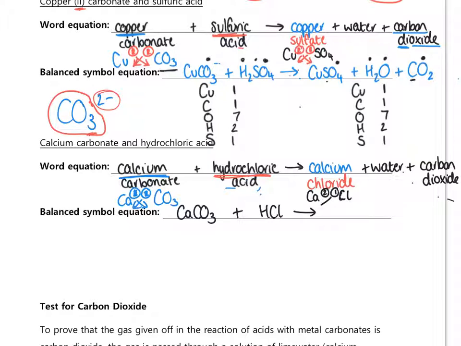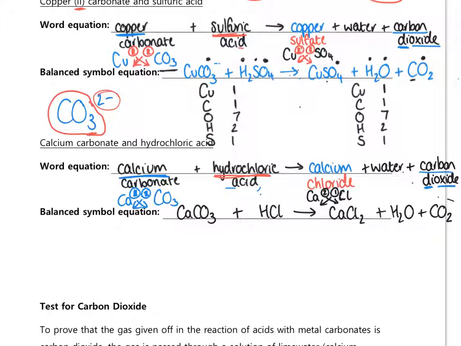When I swap and drop those, you can see that the 2 swaps over to my chlorine and the 1 swaps over to my calcium, and so I end up with CaCl2. I then form water and carbon dioxide, which is CO2. You should know that by now, but we can also see it from the name. Carbon, 1 carbon, dioxide, which means 2 oxygens.